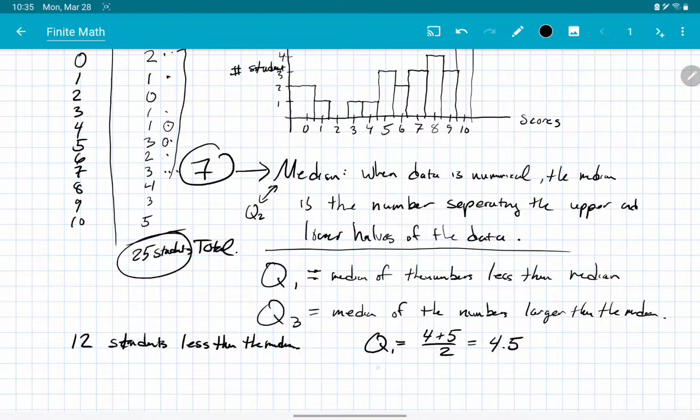Now for the third quartile, we have to look at these upper 12 students, which there's 5 here, 4 here, 3 here. Those are the upper 12 students. And the median number of those upper 12 students is 3.